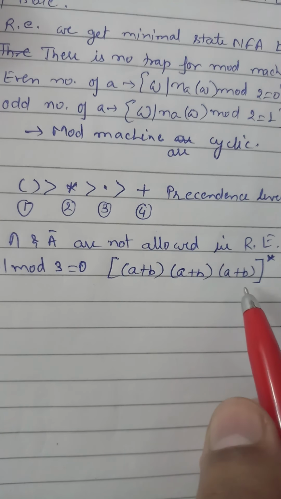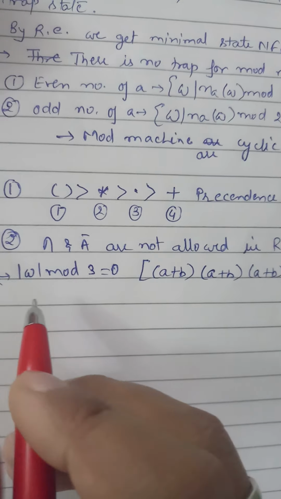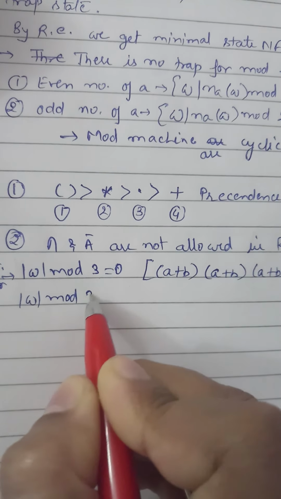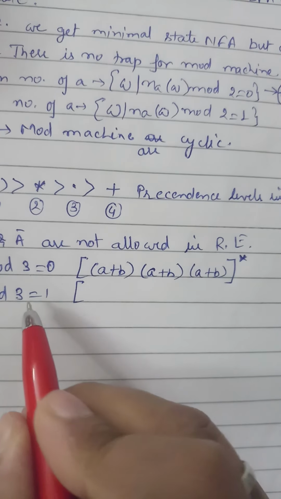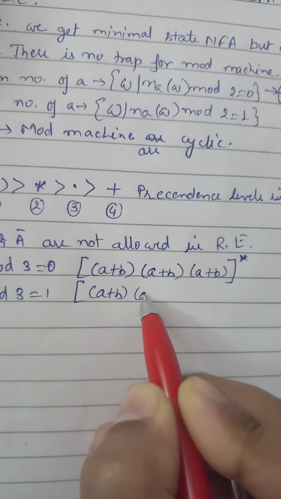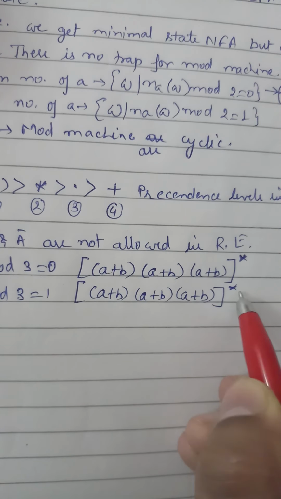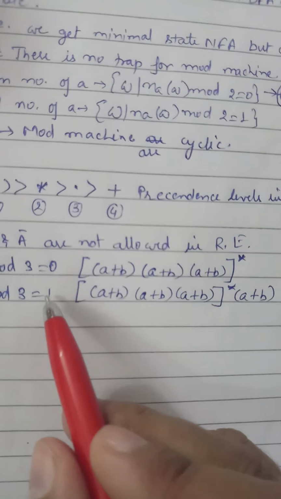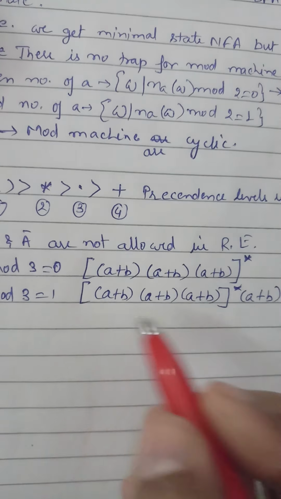So we write like this. Now mod 3 is equal to 1. How are we going to make it? Because it is mod 3 equal to 1, we write (A+B)*(A+B)(A+B)*... that is, one symbol is always there, so the rest can be star, but that one is always there.